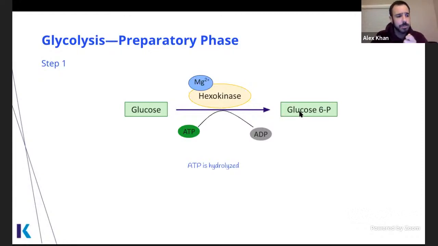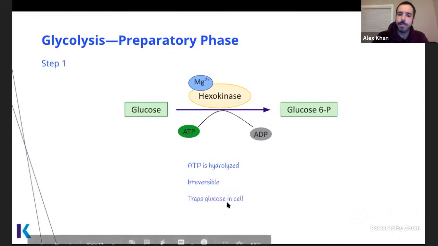It's not just important to memorize the step, but trying to get context as to why this step is important is the key to long-term retention, and also the key to being able to use the content to tackle MCAT style questions. Well, the reason we do this is to essentially trap the glucose in the cell.